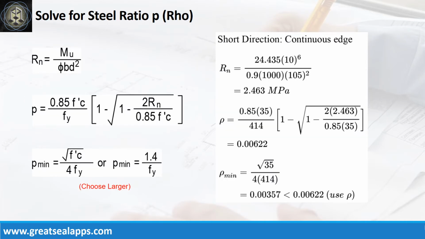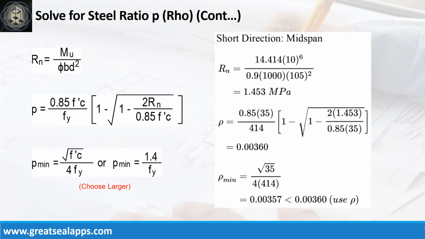Given short direction, continuous edge moment equals 24.435 kN/meter, resistance factor equals 0.9, B equals 1000 mm, and D equals 105 mm. The beam design ratio Rn equals 2.463 MPa, and reinforcement ratio Rho equals 0.00622.